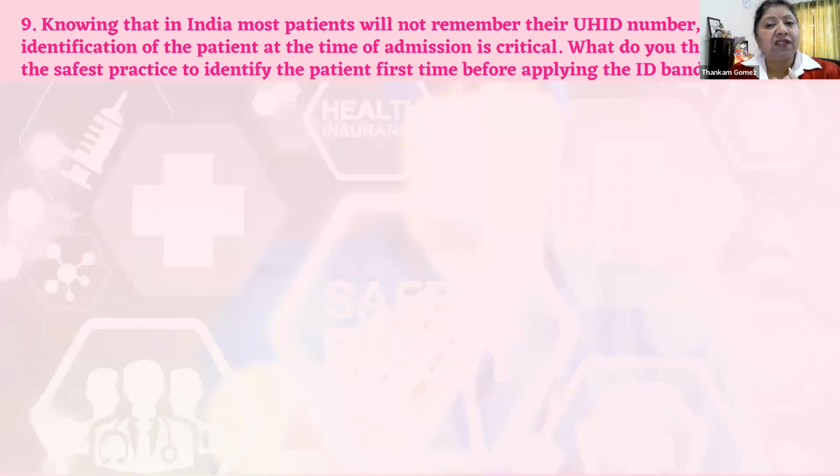Have I experienced that the patients had wrong ID bands in my life as a nurse? Yes, I have seen it, because usually that mistake happens either the first time that you are putting the ID band, or when you are replacing the ID band because the ID band got soiled or whatever it is. So you may put the wrong ID band because you do not follow the safe practice.